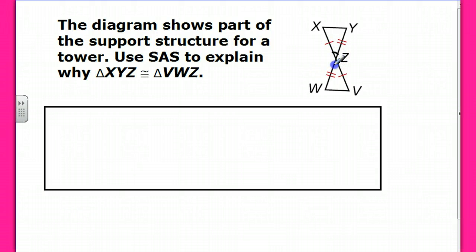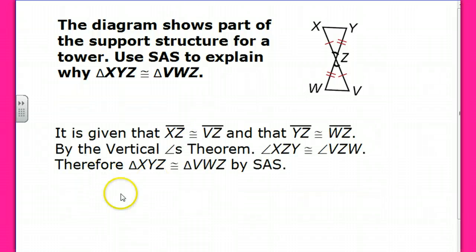We know that these are vertical angles, so they must be congruent. So now we can see that XYZ must be congruent to VWZ based on SAS. And you can follow their reasoning here.